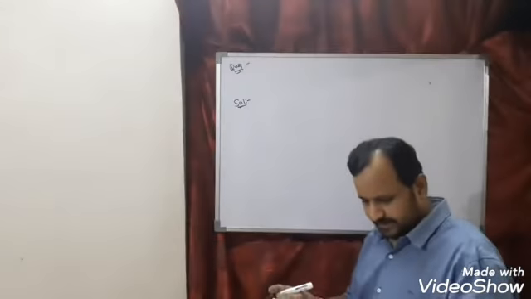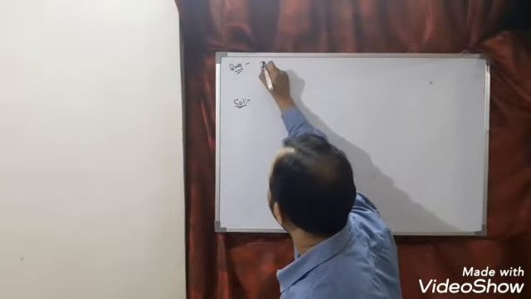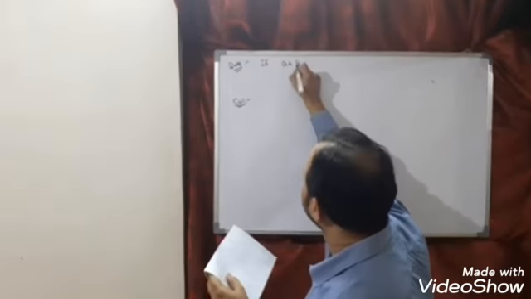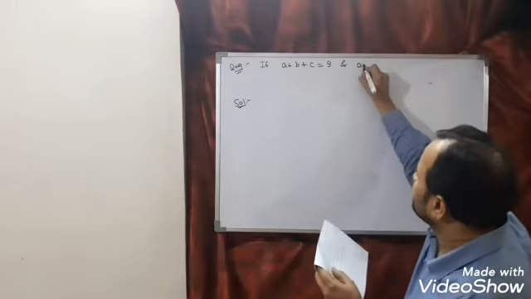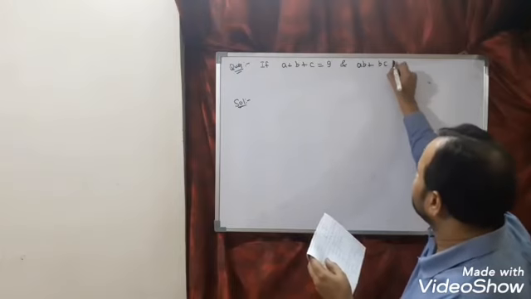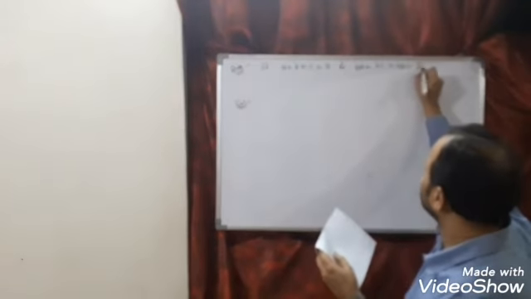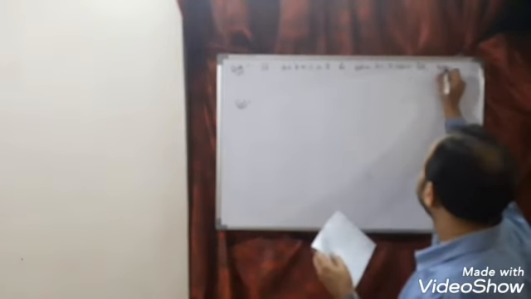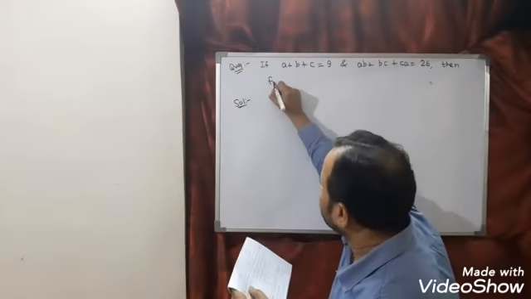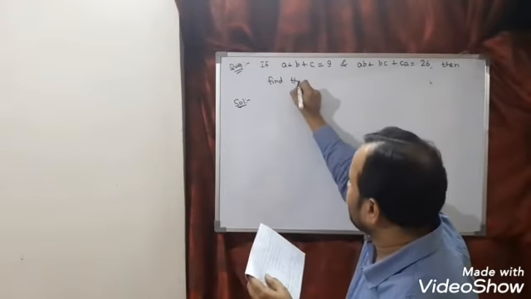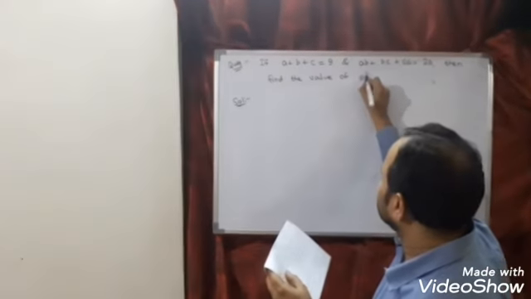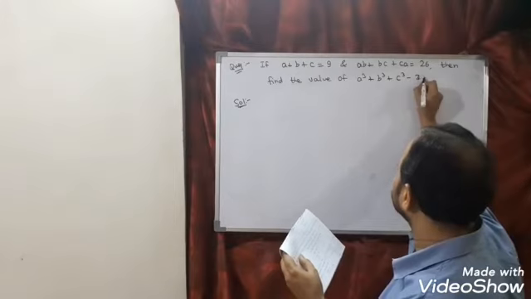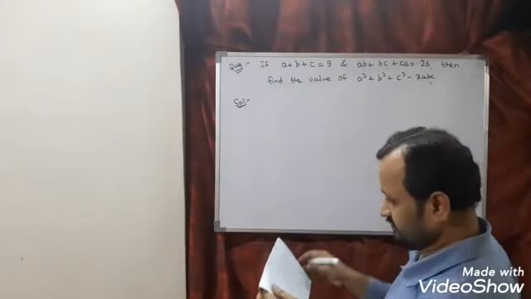So the next question is, if A plus B plus C is equal to 9 and AB plus BC plus CA is equal to 26, then find the value of A cube plus B cube plus C cube minus 3ABC.